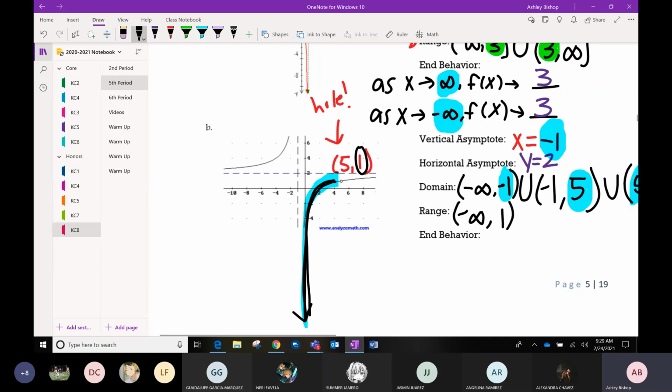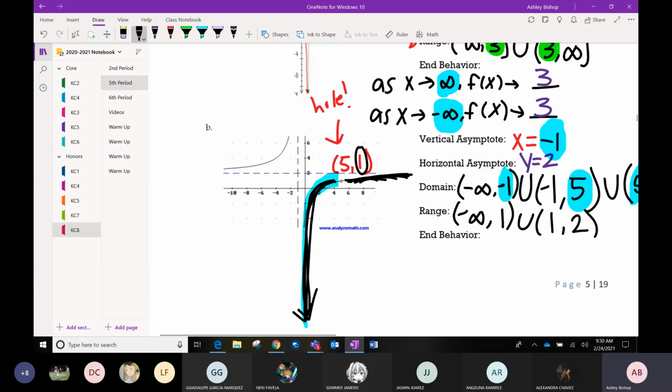So from negative infinity to 1, I jump. So for my range, in union with, and then I start again at 1 though. And then this side of this graph is trying to go as high as my horizontal asymptote will let me. My horizontal asymptote happens at 2. Okay. So I did the range of this side of my graph.